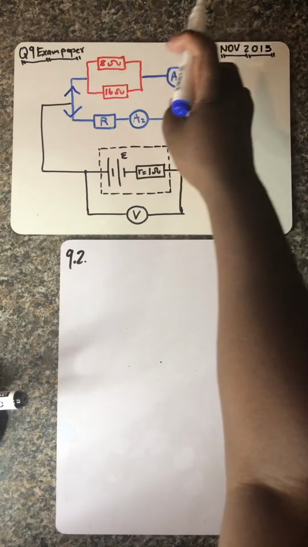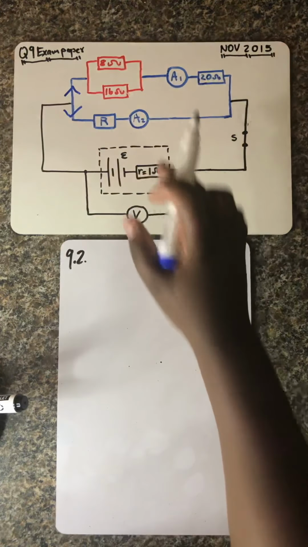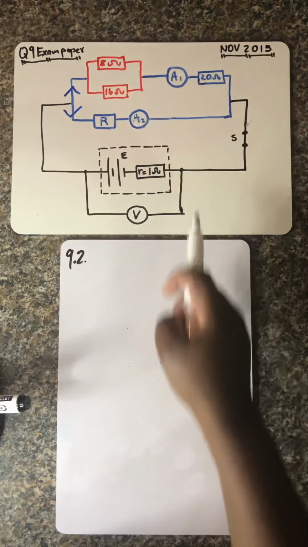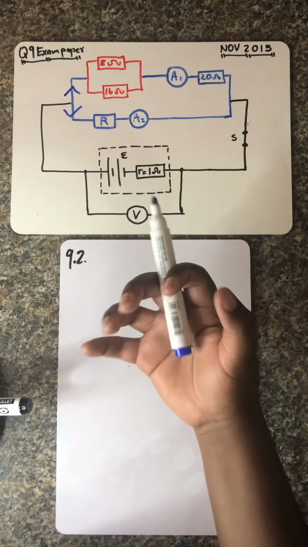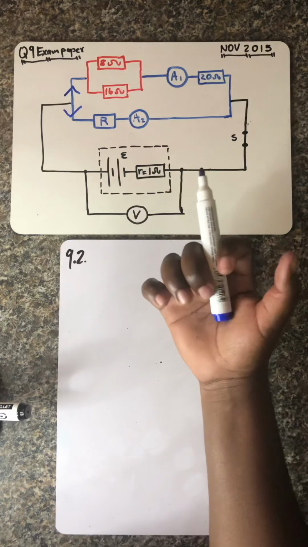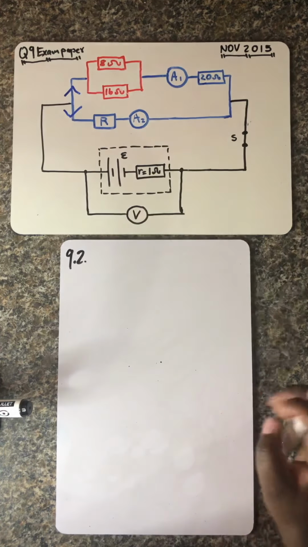If you've got too much resistance on this side, then more current will obviously flow through the other side because there is less resistance on that side. So the more the resistance, the less the current flowing. The less the resistance, the more the current.